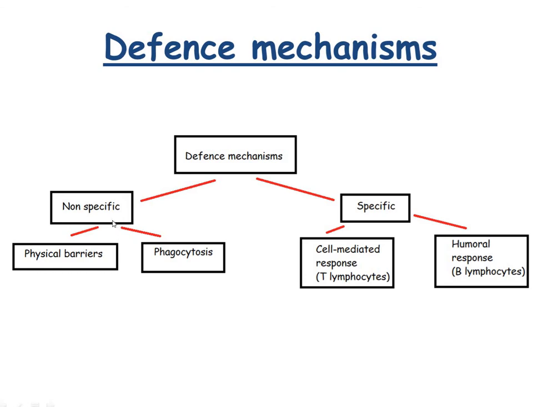If they then get past those physical barriers, the non-specific defence towards a pathogen would be phagocytosis. Then on the other side, you've got more specific responses to specific antigens. You've got the cell-mediated response, or T lymphocytes, and then you've got the humoral response, the B lymphocytes, which is all to do with antibodies.